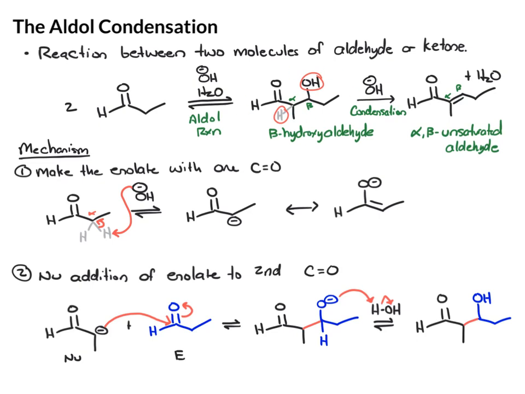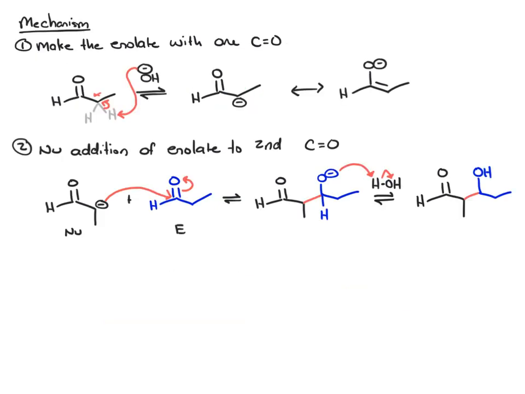And these steps here are in equilibrium. So now we need to do the condensation step to get to the final unsaturated product. The third part of this mechanism is the condensation step, or the loss of water step.